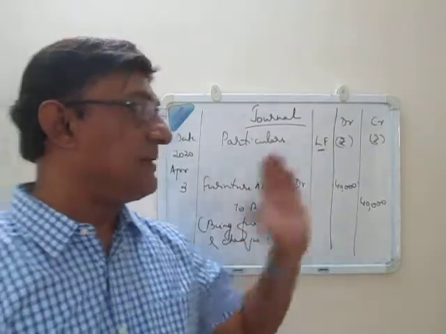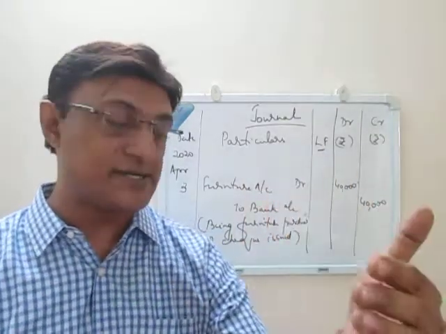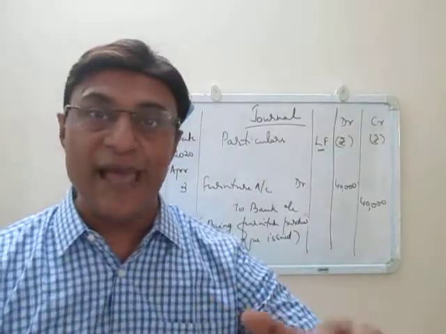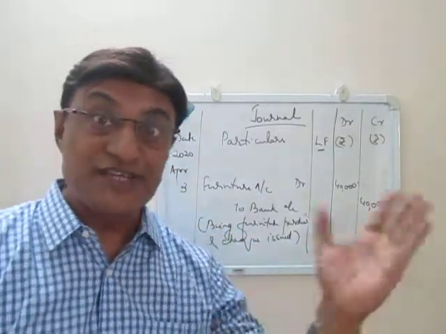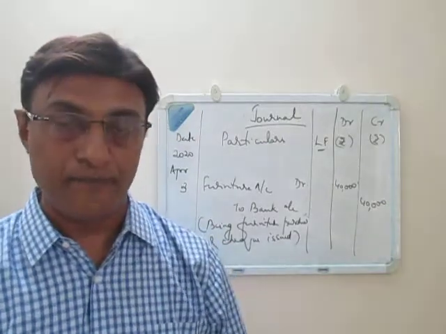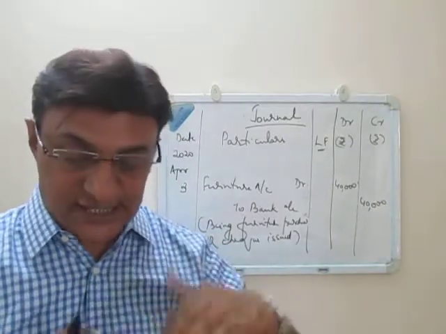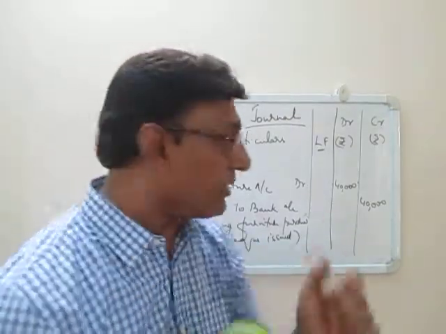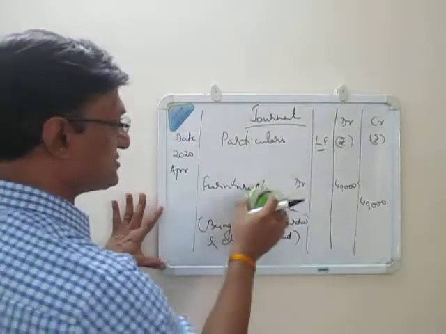Furniture account is debited because it comes in, an asset is coming in. Bank account is credited because the banker will pay when the check is presented by my vendor. So this is the journal entry, the journalization process for purchase of furniture, which was our next transaction.